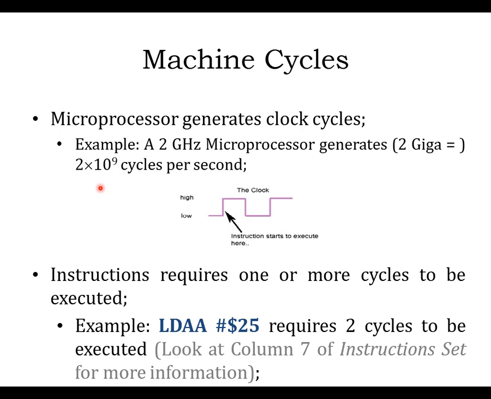For example, let's say this is an instruction, LDA #$25, which is an immediate move instruction, right? So this requires only 2 cycles to be executed. Now think about how many instructions like this one the microprocessor can execute in 1 second. It's generating 2 times 10 to the power 9 cycles per second, and this instruction only takes 2 cycles.